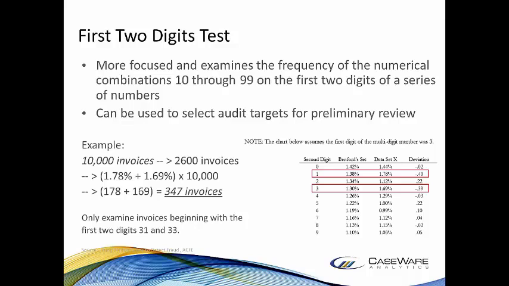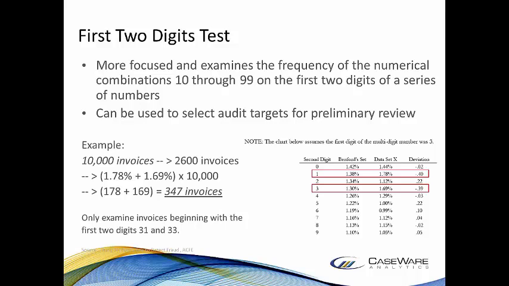Now what you may also wish to do is summarize, say, the first two digits of 3-1 and then maybe later 3-3 by the amount, and see how many unique numbers there are. So for instance, after doing that, you might see that, say, $31.99 occurs very, very frequently.